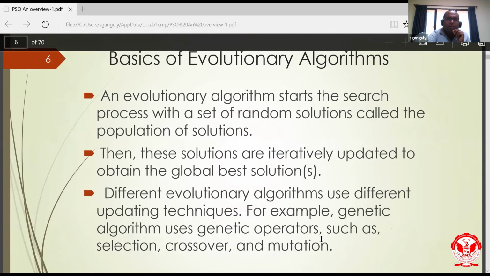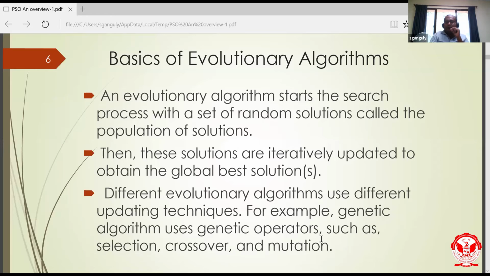Now, what are the basics behind these evolutionary algorithms? Basically, they are also search algorithms, or they involve a search process with a set of random solutions called a population of solutions.